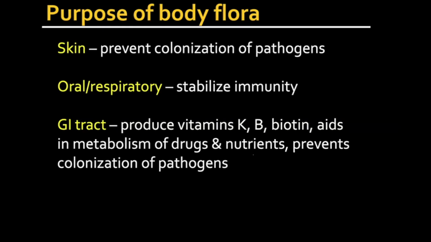You have bacteria in your GI tract that does a couple of things. First of all, it helps produce vitamin K and vitamin B and biotin, and it also helps you metabolize drugs and nutrients. Some of the flora in there prevent colonization of other pathogens.